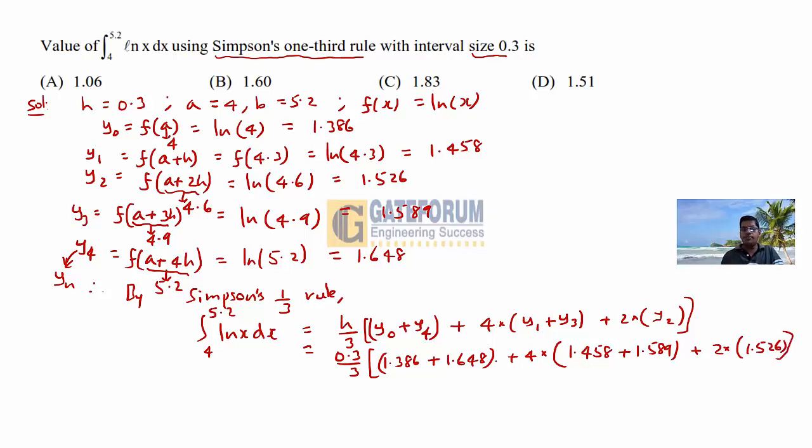So please simplify. This is equal to 1.8274. Approximately, all options are up to 2 decimal places, so you will be getting 1.83. So the answer is 1.83. Accordingly, the option is C. This is end of the question.